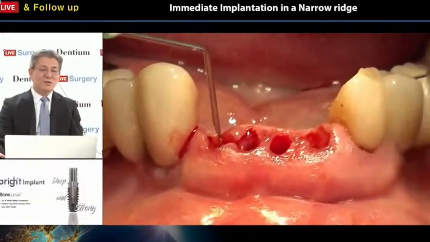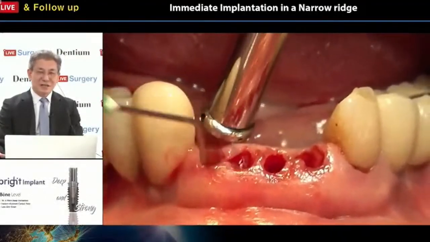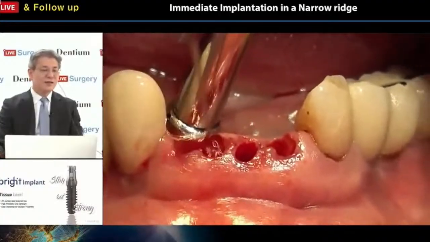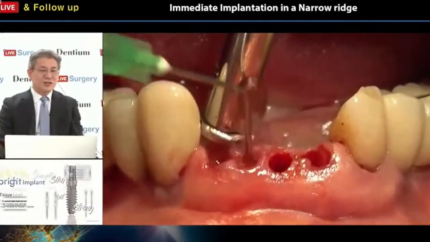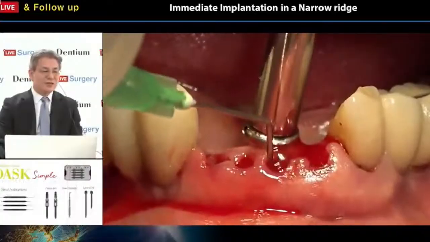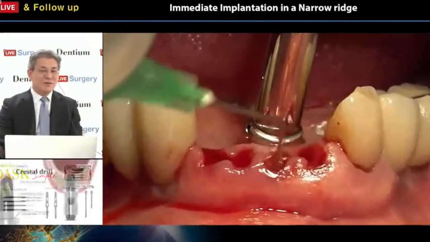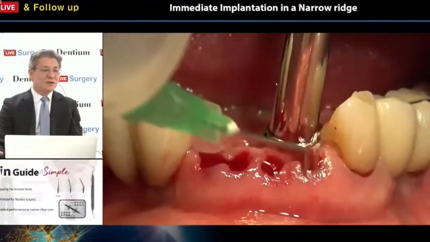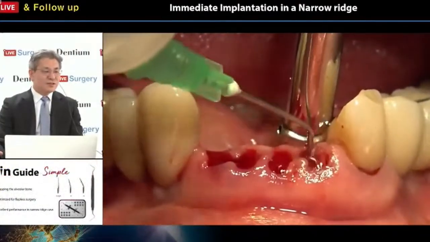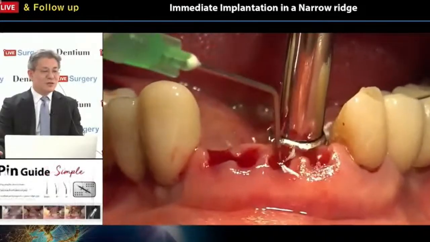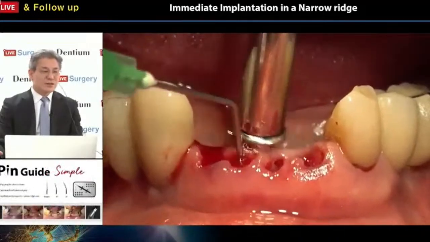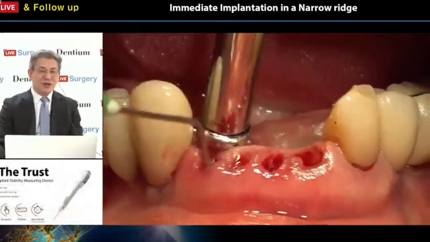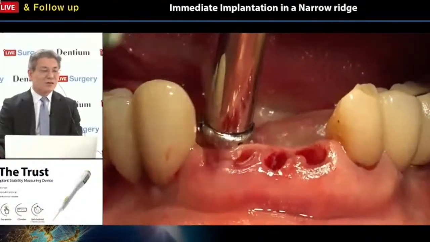However, these lower anteriors always have a narrow ridge, strictly squeezed, so that is a big problem to overcome. After extraction and irrigation, all the granulation tissues should be removed and the socket wall checked.